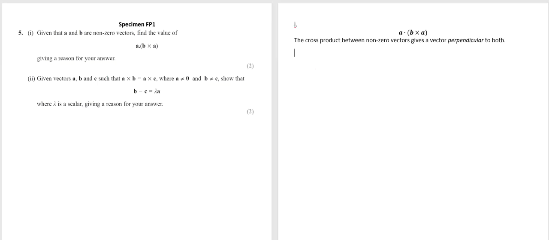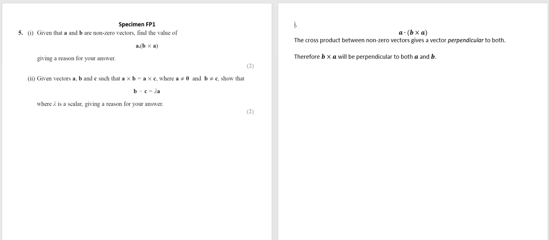So B cross A will be perpendicular to both A and B. Each of those vectors will be at right angles to the result of doing B cross A.